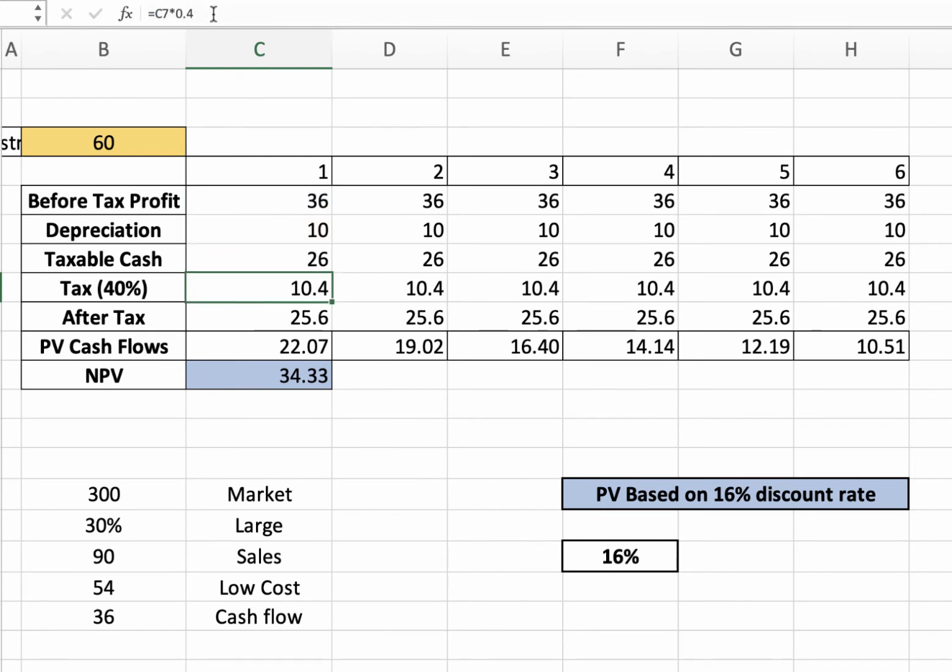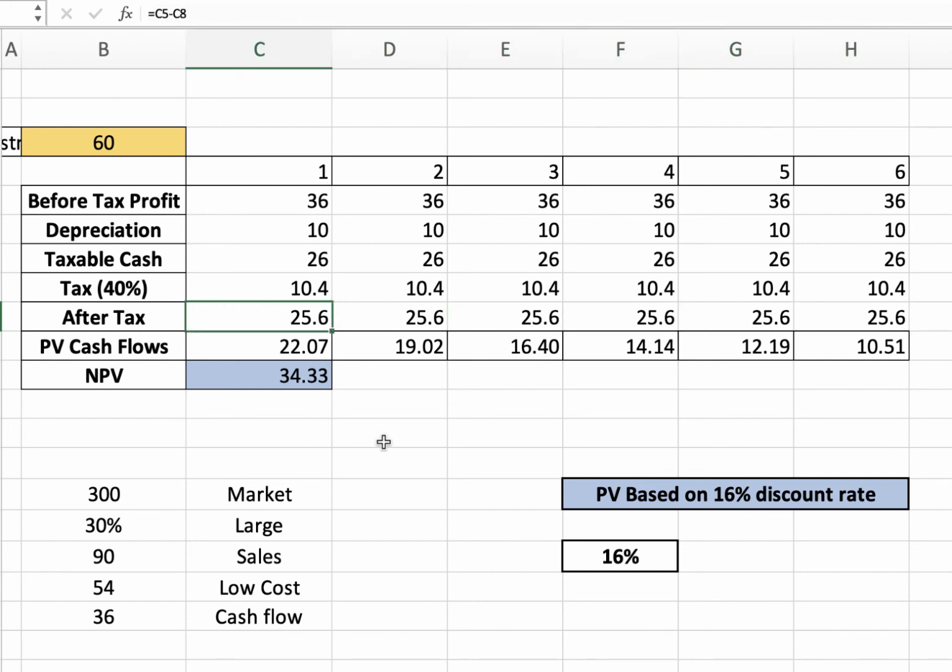We were also given in the case that the tax rate is 40%. So quite simply, 26 times 0.4 equals a tax bill of 10.4 annually. Then our before tax or gross profit minus our tax gives us our after tax cash flow. So here it's 25.6 million for each of the 6 years.